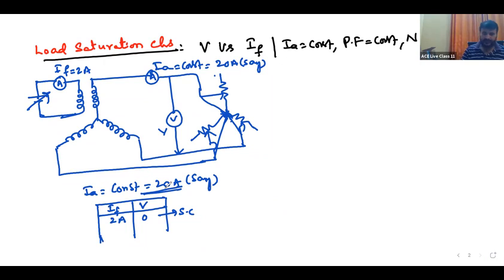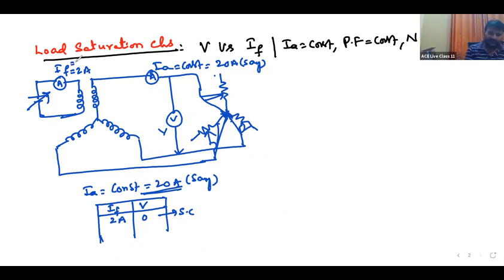Now increase the load resistance. When load resistance increases, armature current decreases. But to maintain the same current, the field current has to be increased.